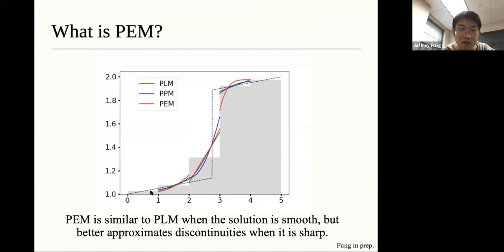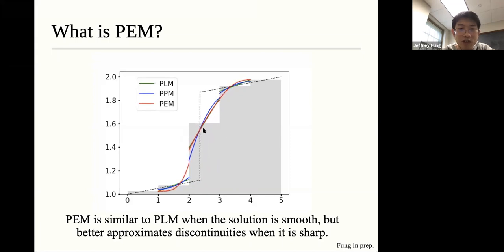In the limit when this is more or less smooth, so when this gray bar is sort of in the center, that's the limit where PEM would give you an eta, the exponent, that is about 1. So it's basically exactly the same as PLM.